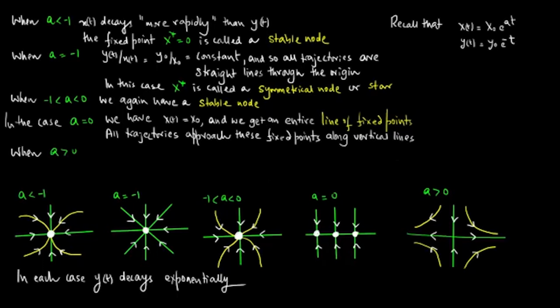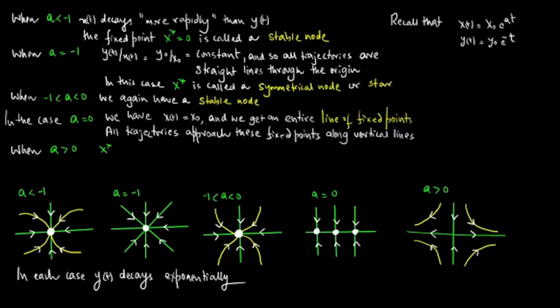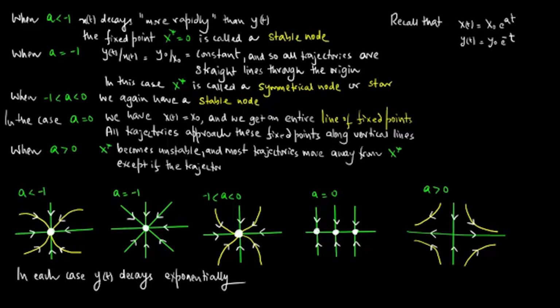And when a is greater than 0, x star becomes unstable and most trajectories move away from x star, except if the trajectory starts on the y-axis.